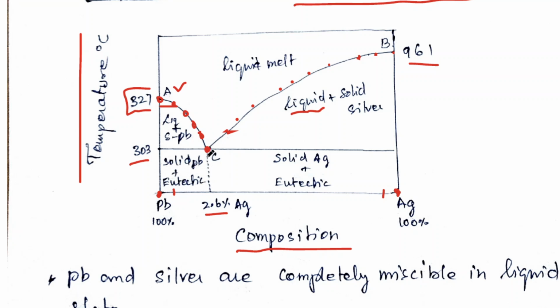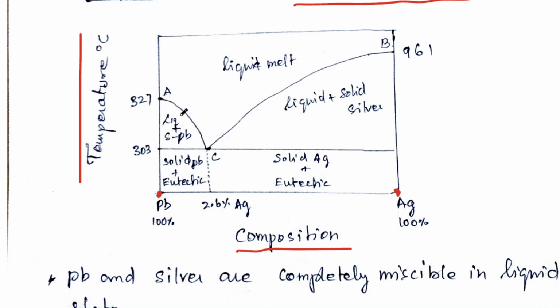And what will be in this area? You will get only eutectic mixture. This is the importance of this diagram. Let us calculate the degrees of freedom for all of these. Let me explain the degrees of freedom along the curves.